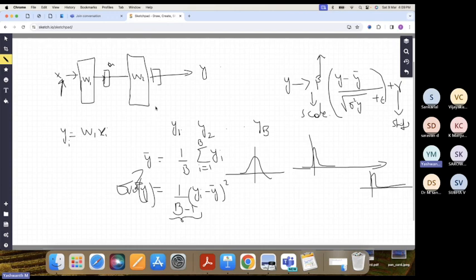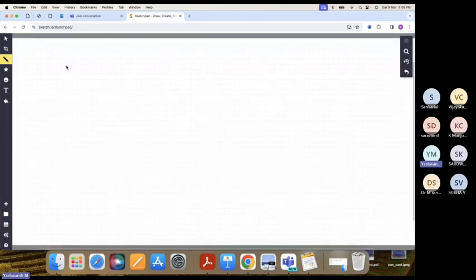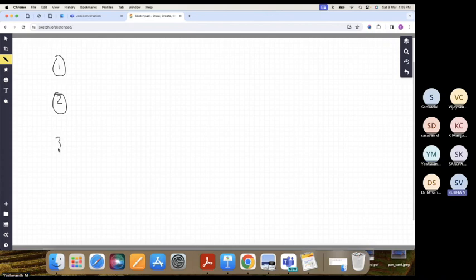Now, this was fine. People started using it, but it was not clear why it was giving the results. So people conducted some experiments. One popular experiment was this: one, two, and three.